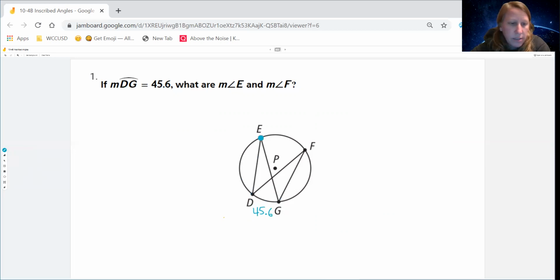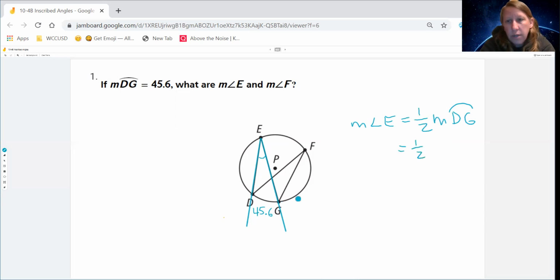So here is the inscribed angle E. It is this angle that I'm trying to find. And we just learned that it is half. The measure of angle E is half the intercepted arc. Its intercepted arc is DG, and we know the measure of arc DG is 45.6.